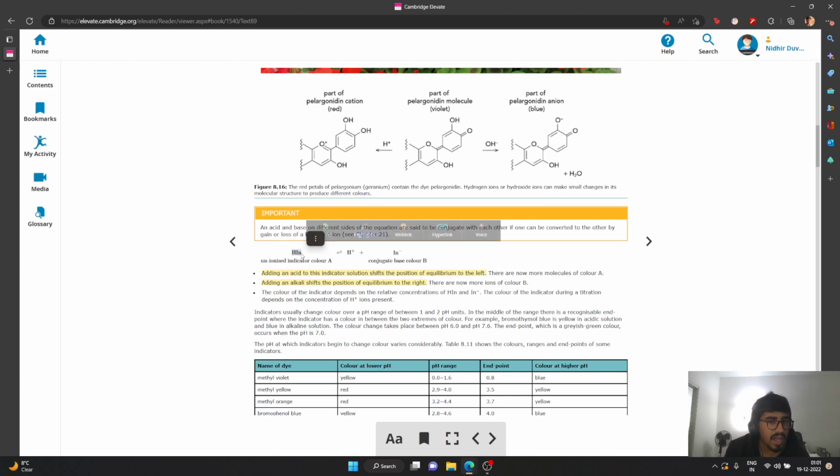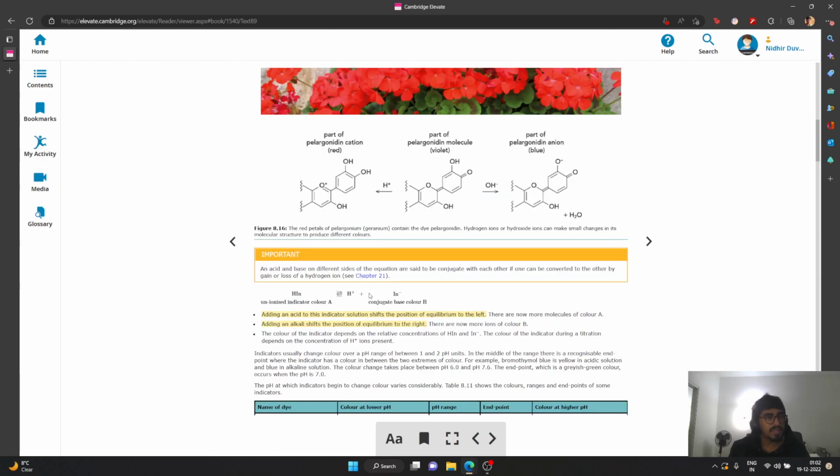If In stands for indicator and H stands for a hydrogen in that indicator, then the unionized form will look like HIn, and the dissociated form is H plus breaking away and In minus breaking away. And this, of course, is an equilibrium reaction. So the indicator itself is in an equilibrium.